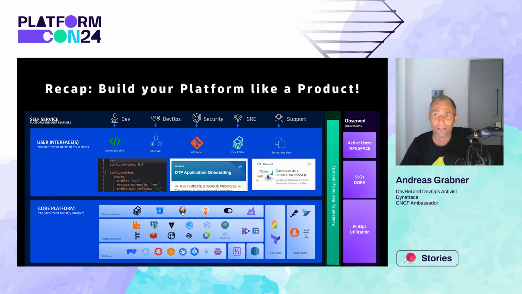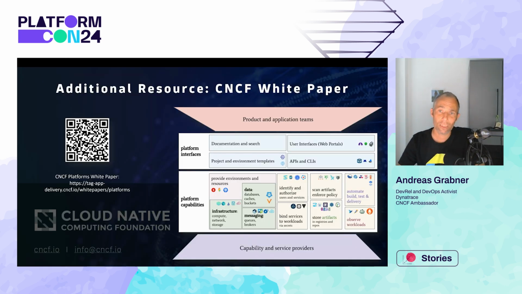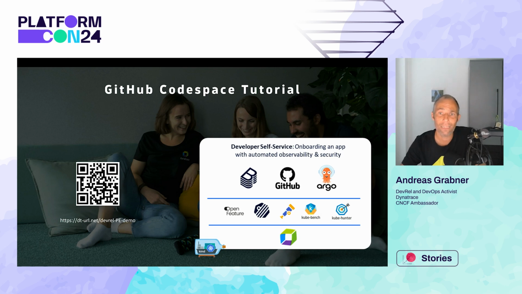Now, there's many other cool things that are out there in that space. When we talk about platform engineering, the CNCF also has a white paper out there. I'm sure you've heard of it from other sessions as well. And I've also worked with some of my colleagues, and we have created a GitHub Codespace tutorial that you can scan here. And it contains some of these tools I mentioned earlier.